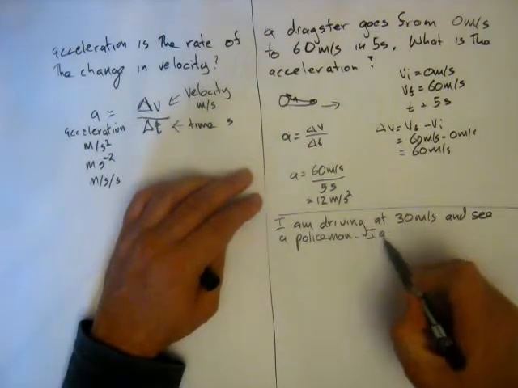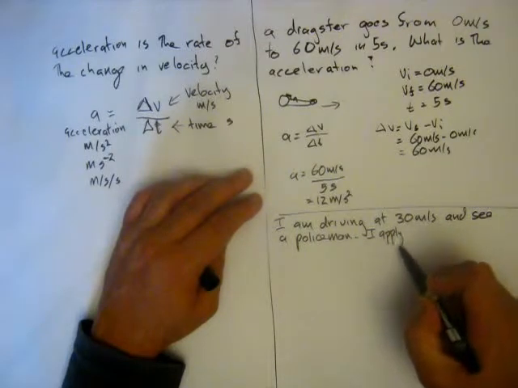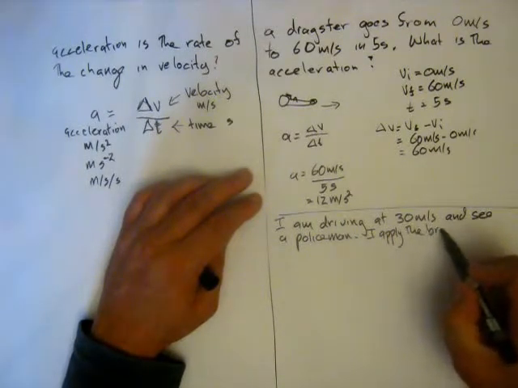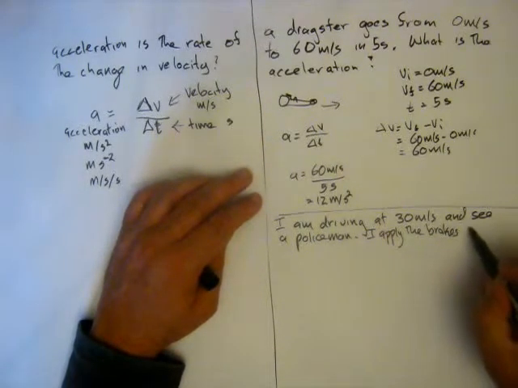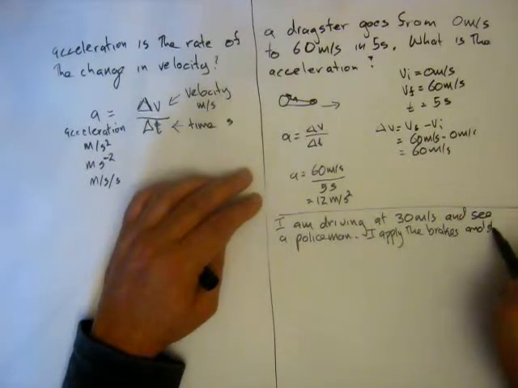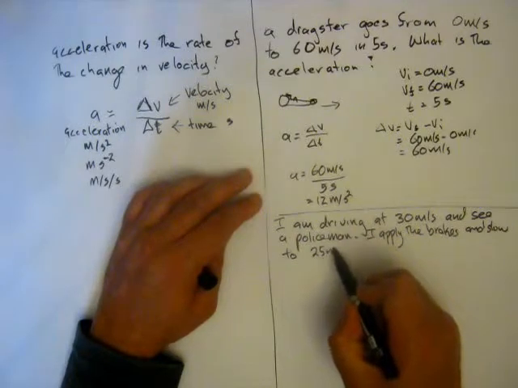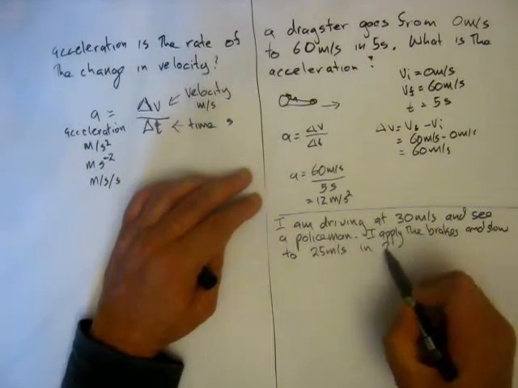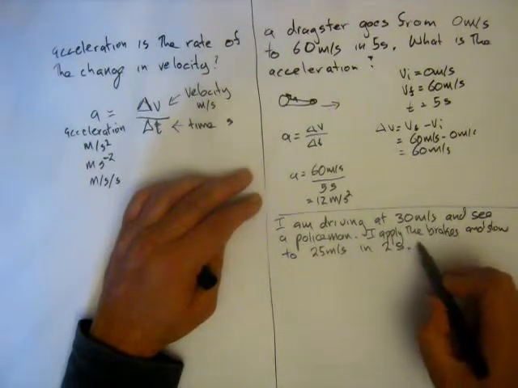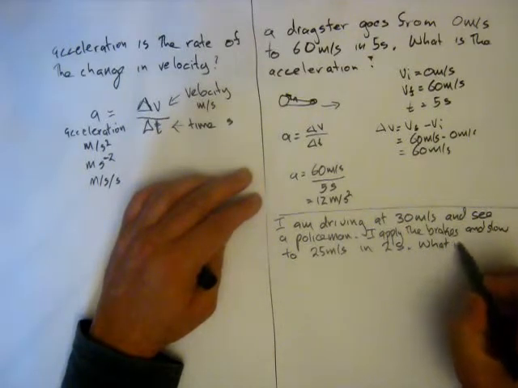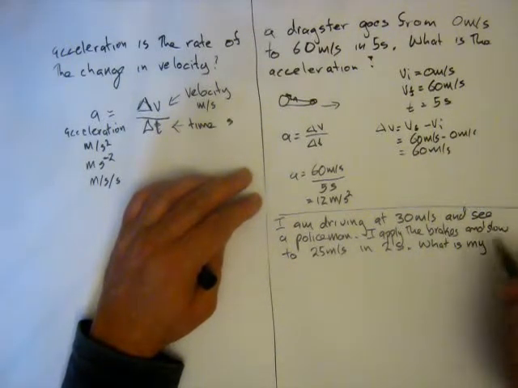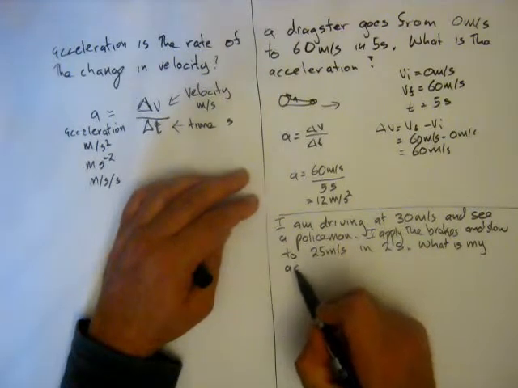I apply the brakes and slow to 25 meters per second in 2 seconds. What is my acceleration?